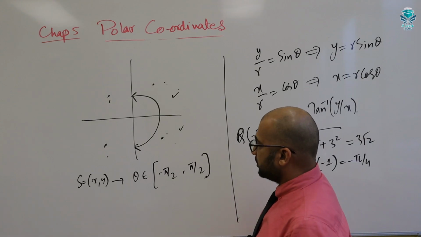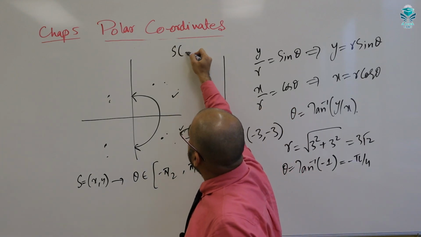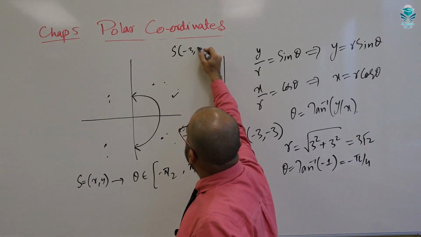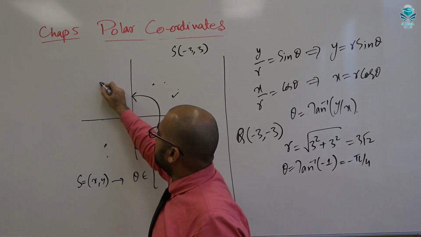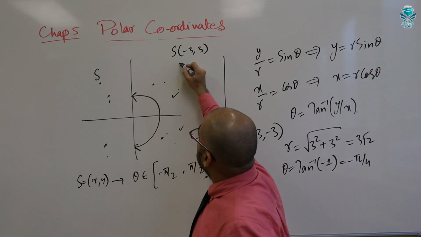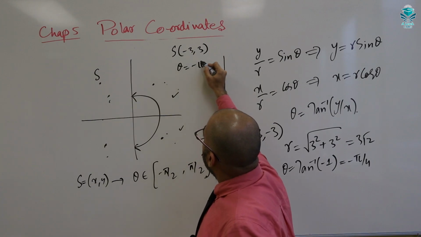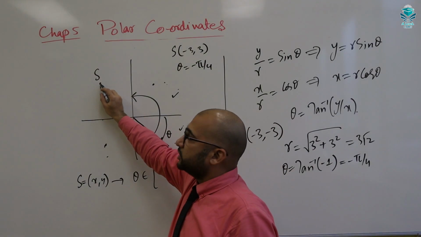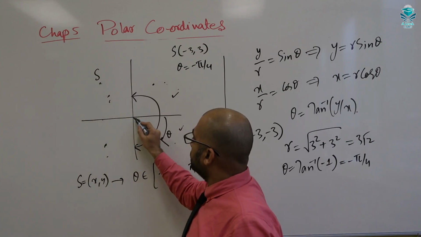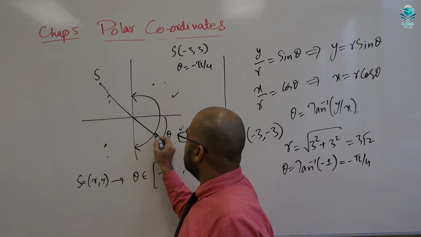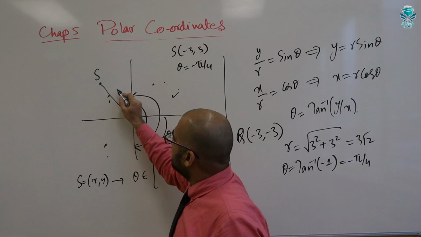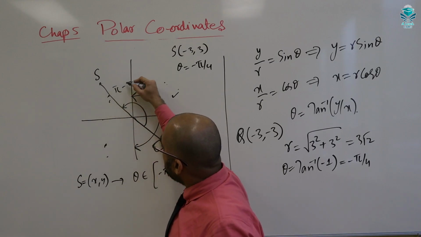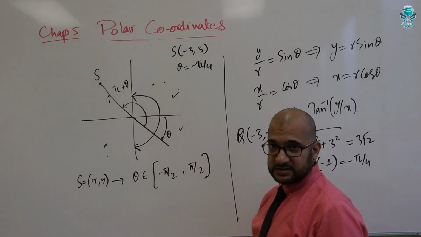So for example, we have a point S with coordinates minus 3 and 3. So it means your point S is here. The angle will be minus pi by 4, which means your angle is here. But we need to approach here. What we will do is add pi to theta, so the angle will be pi plus theta. Understand?